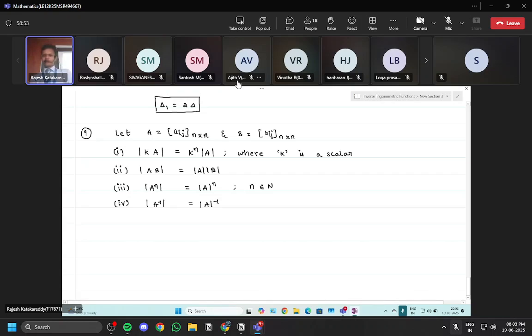So now, before going into the actual problems, let us learn about determinants of a few standard matrices. One small subheading, please: determinant of some standard matrices.